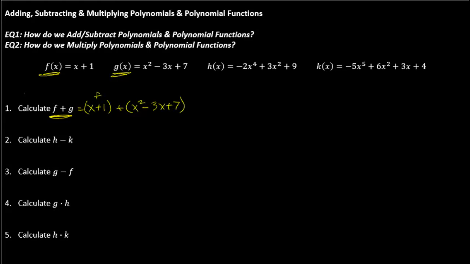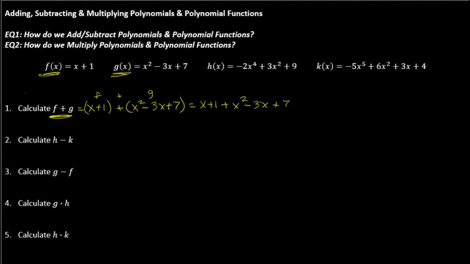Right? So this is f plus g. And we see pretty plainly that we don't need the parentheses because all we're doing is adding and we're not distributing anything anywhere. So we can just do x plus 1 plus x squared minus 3x plus 7.